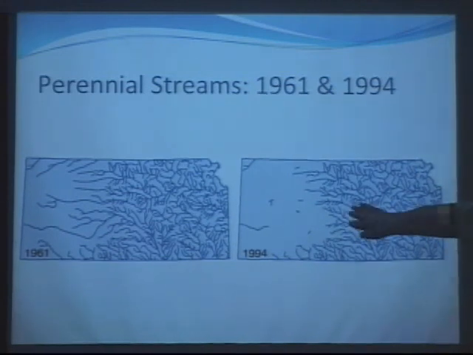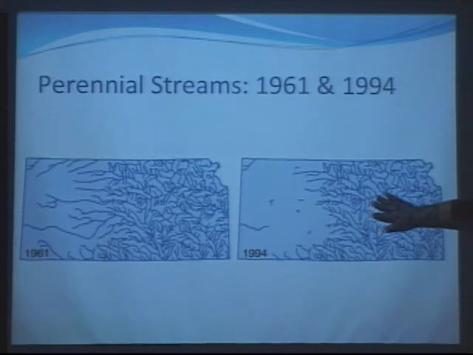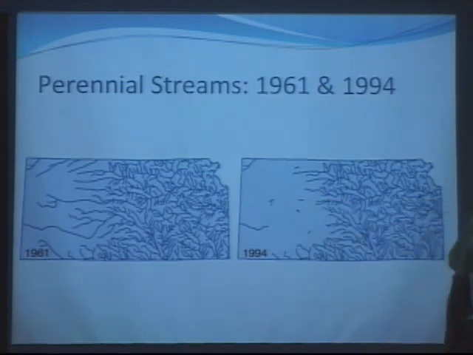A little over 30 years later, in 94, once you get west of about Great Bend or so, there are very few streams that still flow water. And the reason for that is that the water table has just been dropped over that period of time so much that these streams are dry.